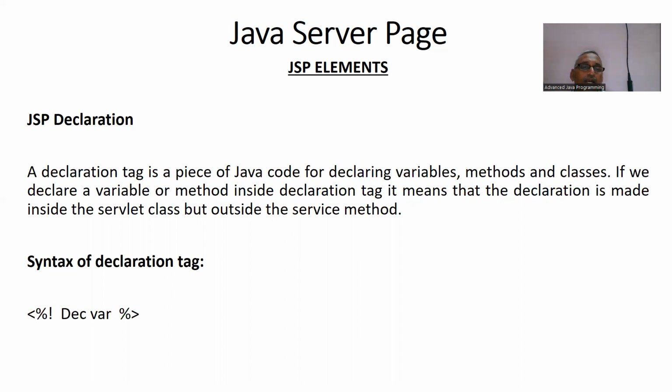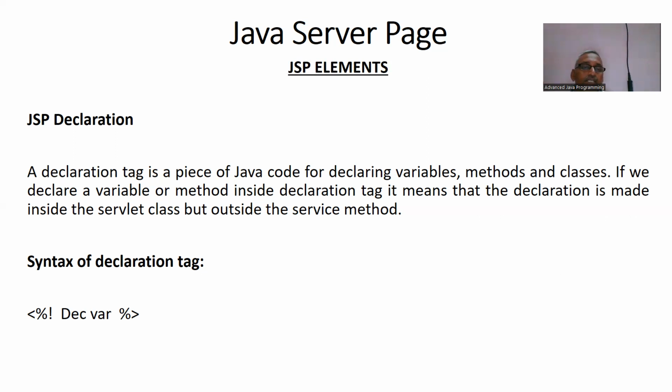If we declare a variable or method inside a declaration tag, it means that the declaration is made inside the servlet class but outside the service method. We can declare a static member, an instance variable, and methods inside the declaration tag.